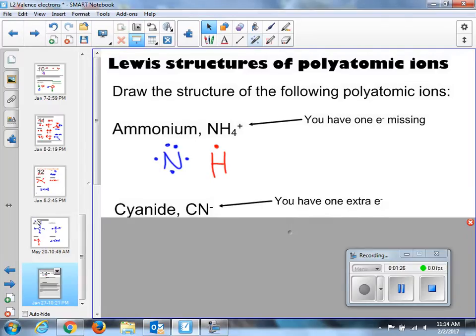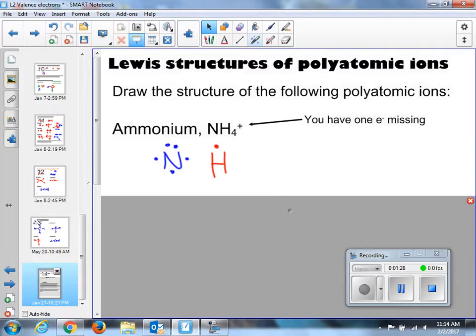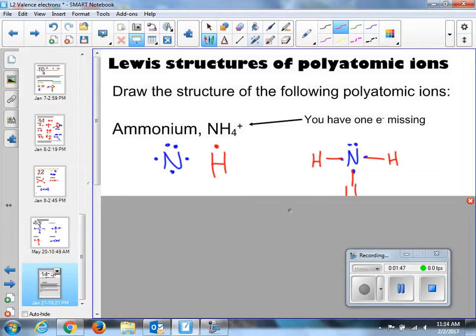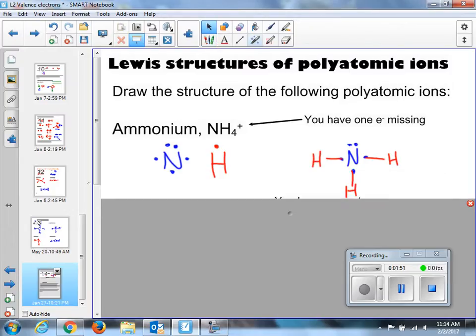If I tried this as is, as we've seen before, we would normally have NH3 if we had a nitrogen-hydrogen compound. But I can't fit that 4th one in here, can I? Any ideas what to do?